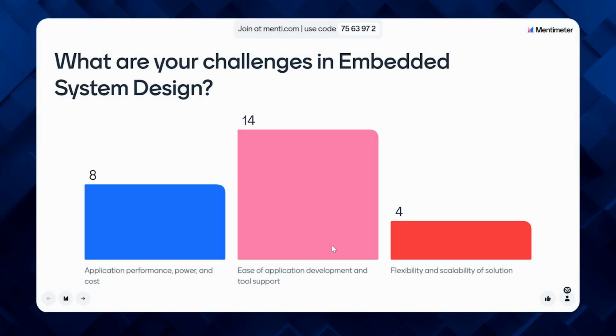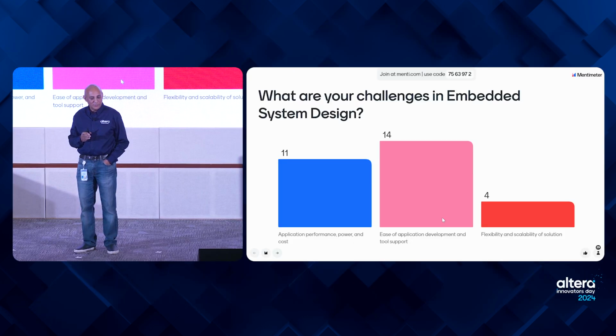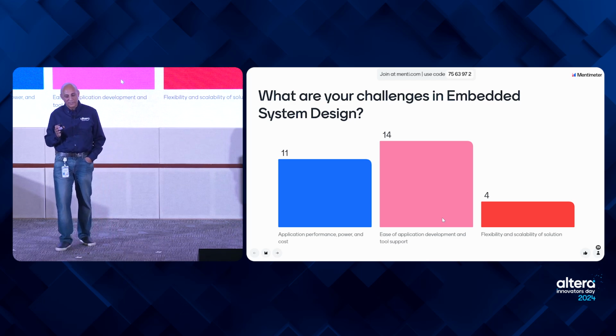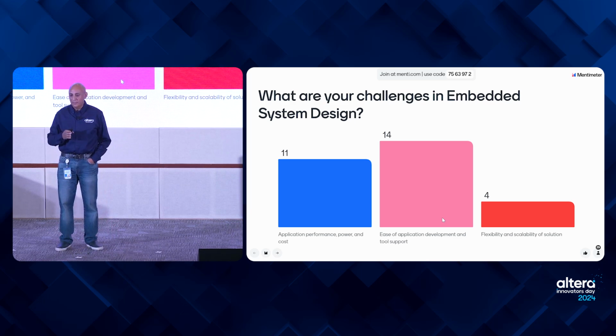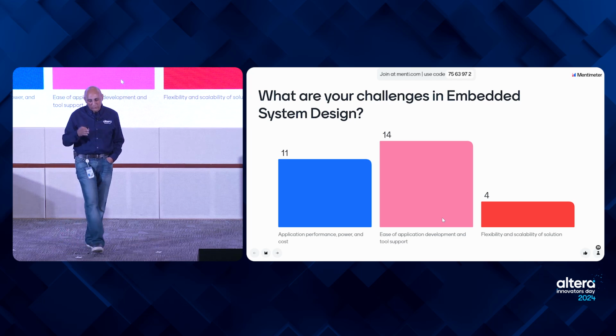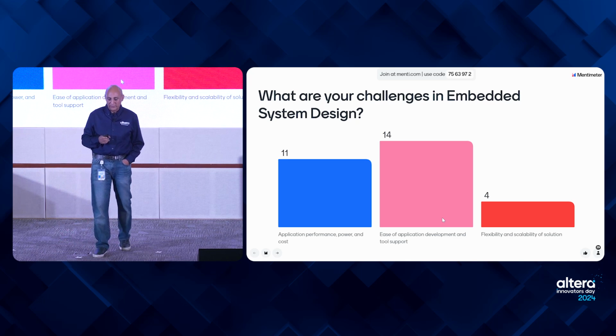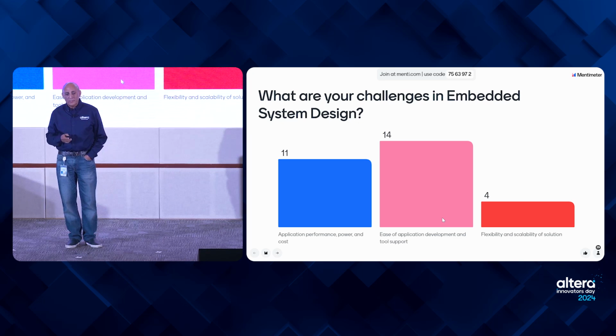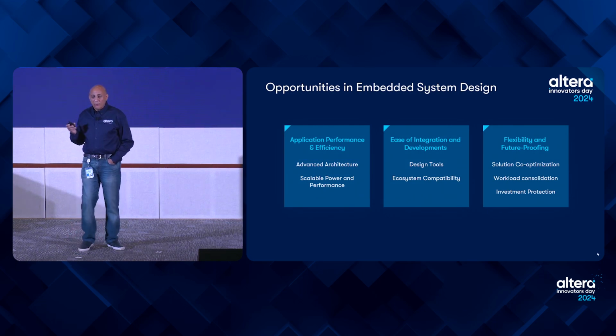Okay. So the survey results are interesting. I see a tie between application performance and power, and ease of tools and application development, and your close third is flexibility and scalability. So we'll talk a little bit about all three areas, right?